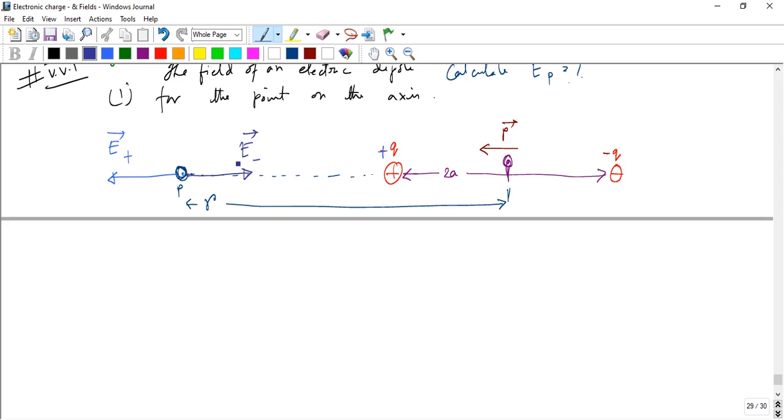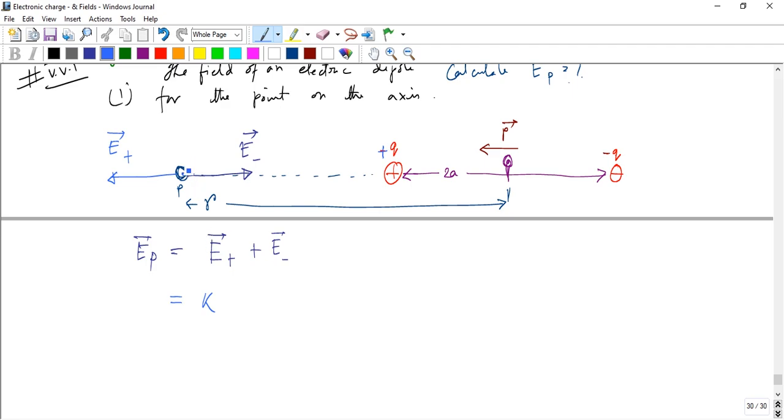So now we can calculate these two at point P. The total E at point P is E plus plus E minus. From the electric field definition, E is K Q over distance squared, and the electric field doesn't depend on test charges.